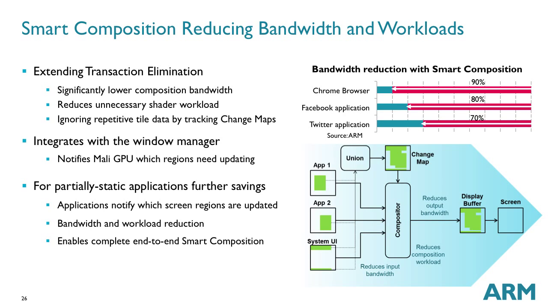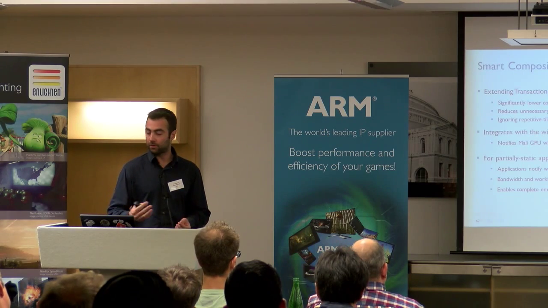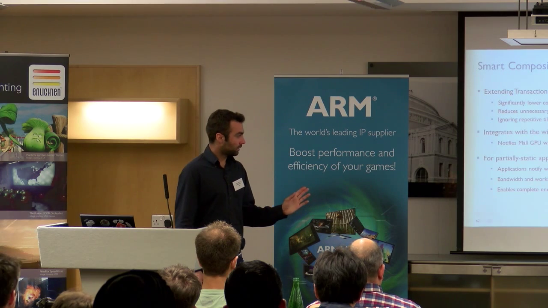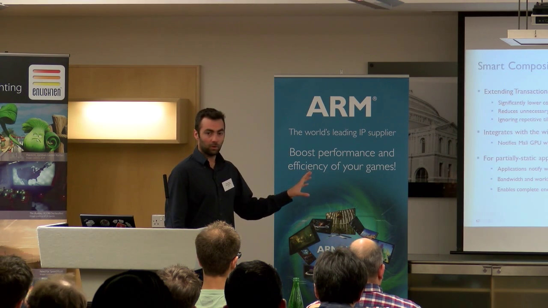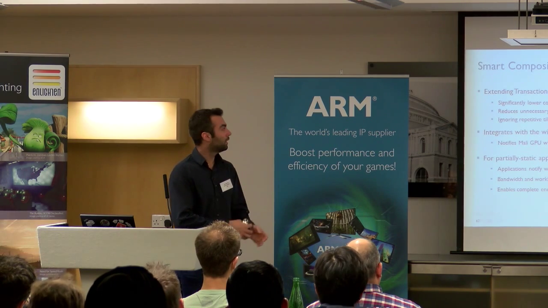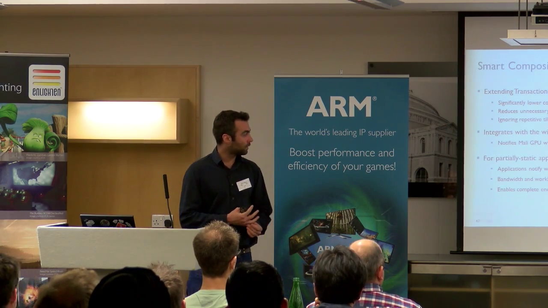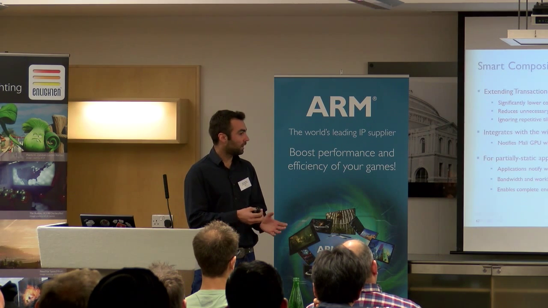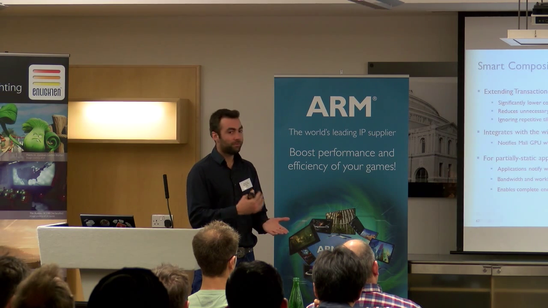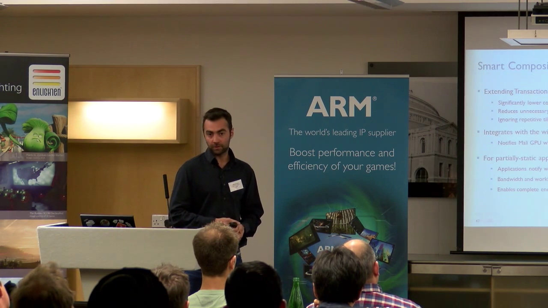So smart composition is another very interesting feature that is picking up on the concept of transaction elimination and extending this even further. With transaction elimination, you would have the bandwidth saving only after you have done the whole processing of the scene. Then you would go and diff it against the previous frame. What smart composition is allowing you to do is identify the similarities within two consecutive frames before the frame is even being processed.